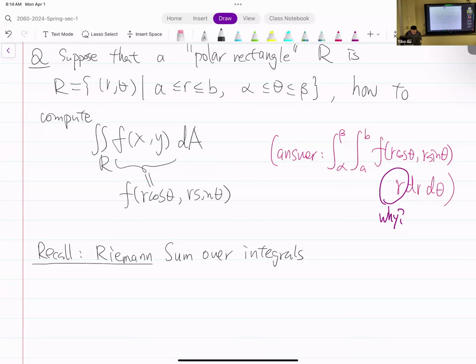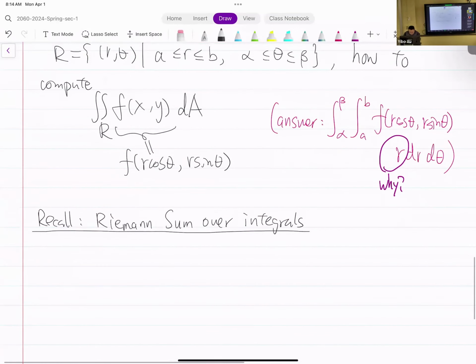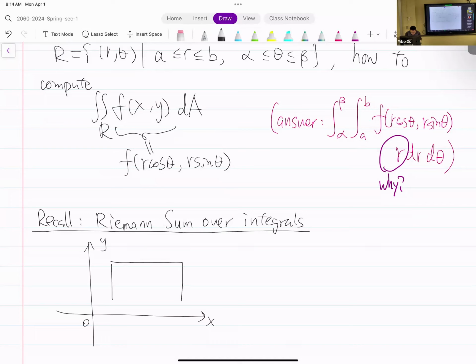So whenever we have an integral that we want to define, we just do a Riemann sum. Like we mentioned, if you have an xy plane and you have a rectangle in terms of x and y, then you just have a fixed range for x, let's say from a to b, and a fixed range for y, that's from c to d, right? And then what we have done earlier is that we subdivide the interval from a to b into, let's say, n pieces.